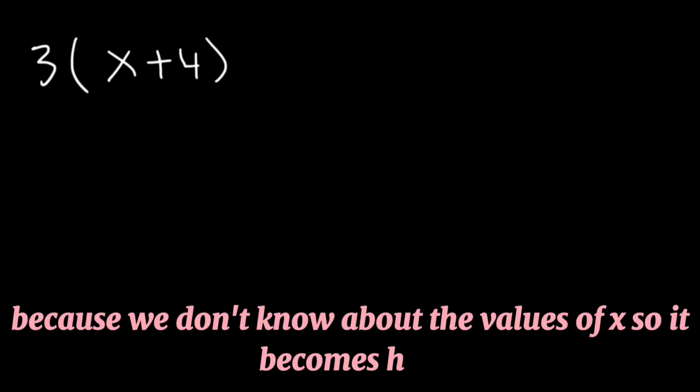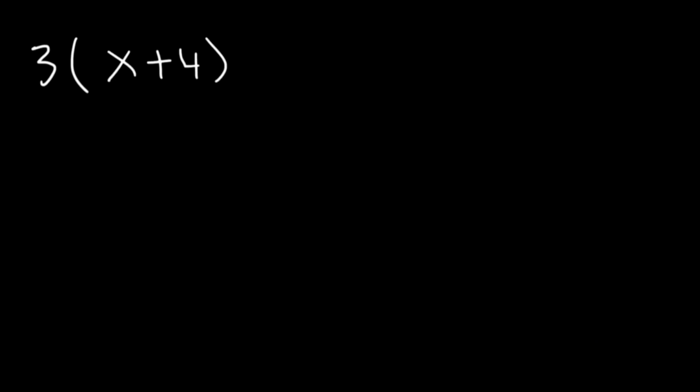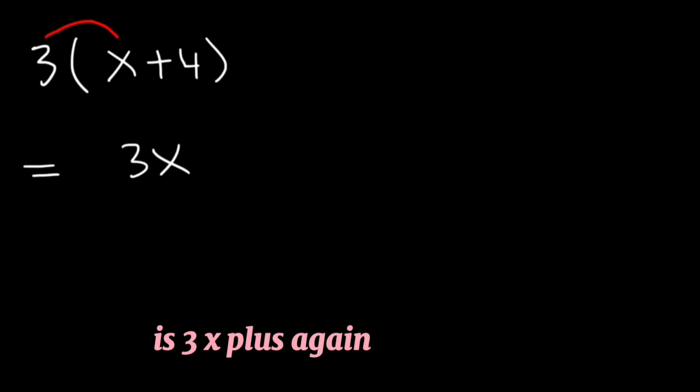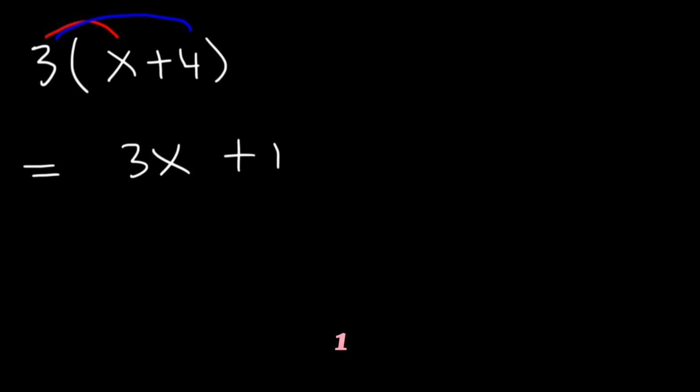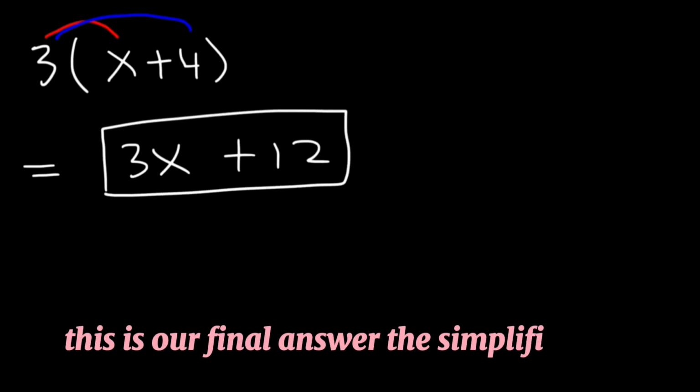So it becomes here 3 times x is 3x plus again 3 times 4, 12. This is our final answer, the simplified one.